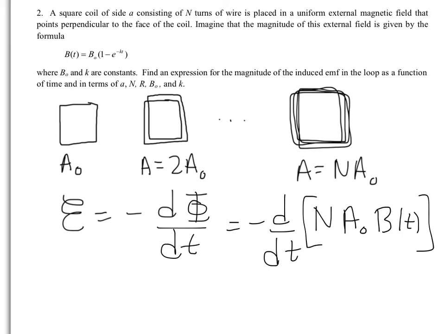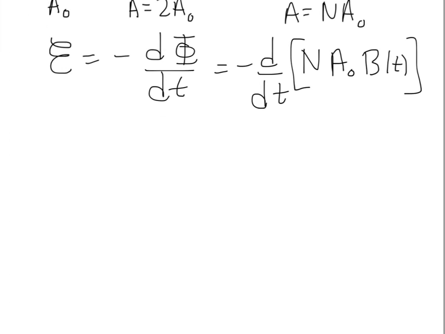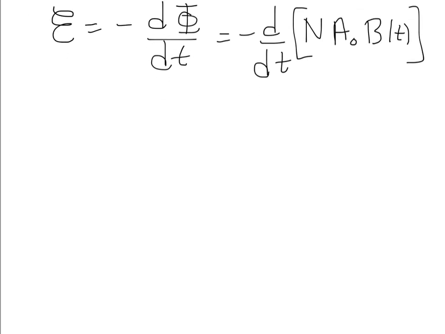So you see here in this problem, there's the n, number of loops, or number of turns. There's the area of any one turn. And this is the magnetic field, which varies in time. Okay? All right. So now that we have that down, let's continue on evaluating this.